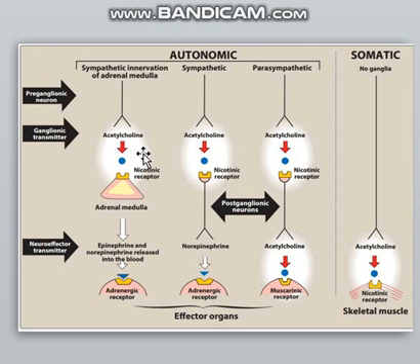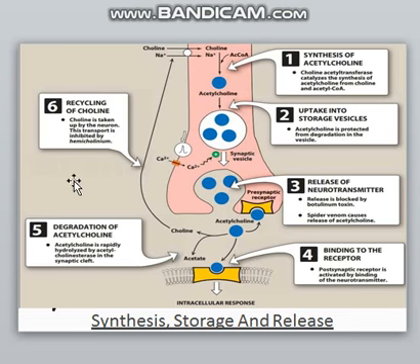In cholinergic pharmacology, we deal with drugs acting on the synthesis, release, and action of acetylcholine on both muscarinic and nicotinic receptors. Here we will first see how the neurotransmitter acetylcholine is synthesized, released into the synaptic cleft, and how it acts on muscarinic and nicotinic receptors, and also the drugs that inhibit acetylcholine synthesis and release.